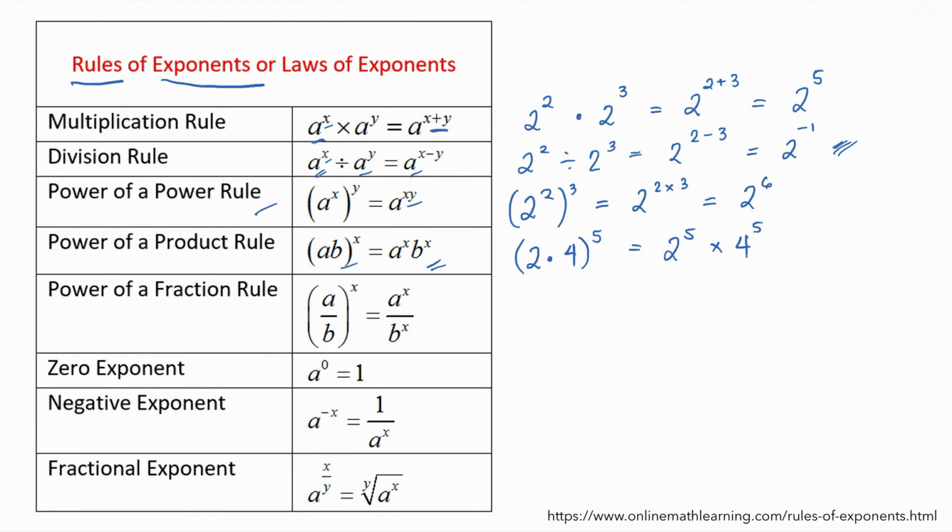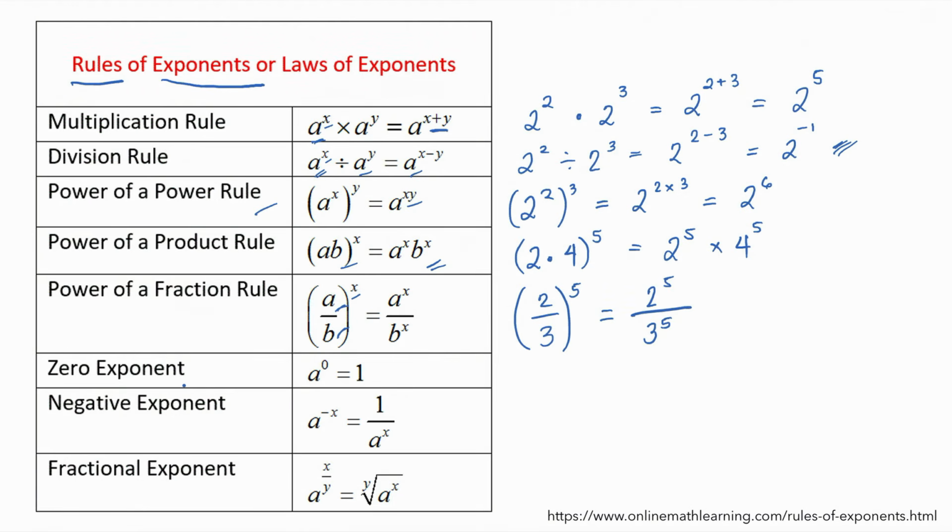And then, yung power of a fraction rule naman, so kapag naman meron kang fraction, quantity A over B raised to X, equal yan sa A raised to X over B raised to X. So, kung meron kang, for example, 2 over 3 raised to 5, equal din yan sa 2 raised to 5 over 3 raised to 5.